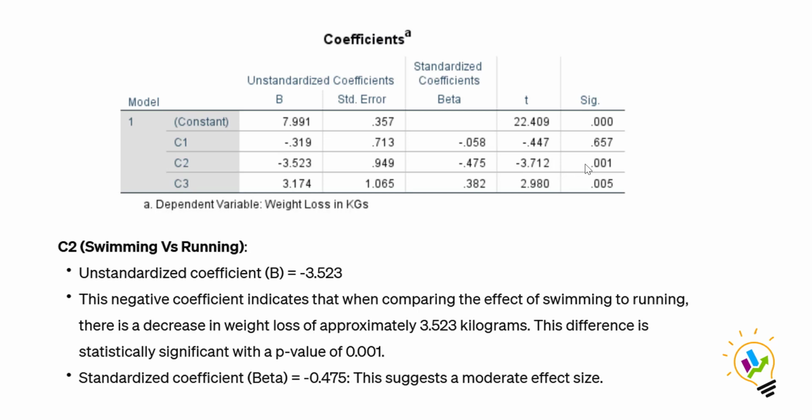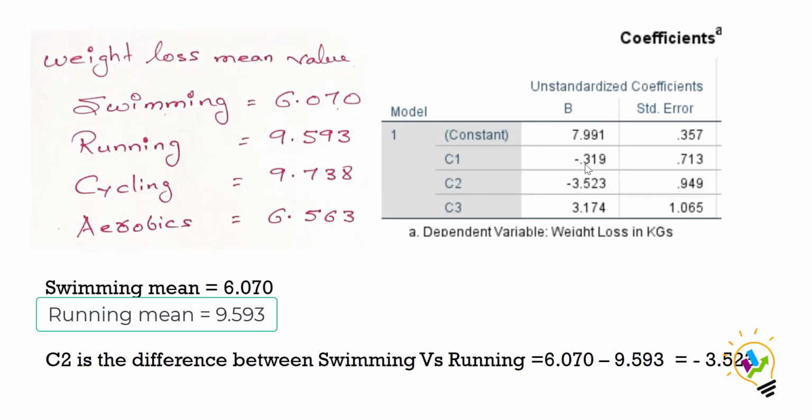It means there is a significant difference between swimming and running. Swimming is 6.070, running is 9.593. It means there is more weight loss in running compared to swimming. If we take the difference between these two, we get minus 3.523. The same value we got for C2.